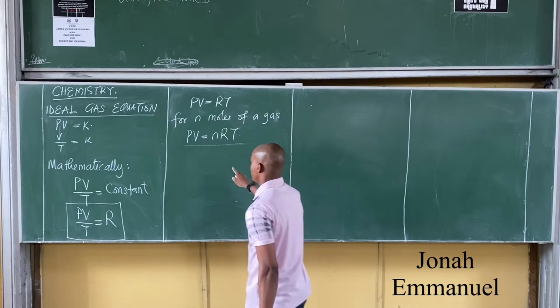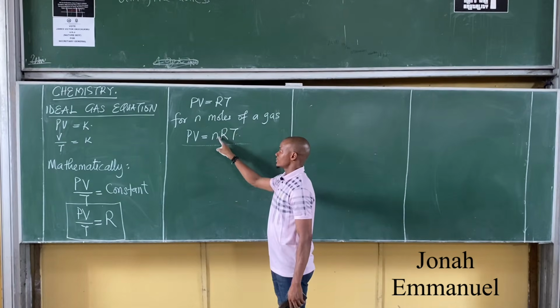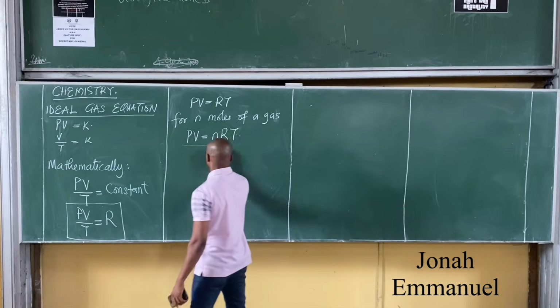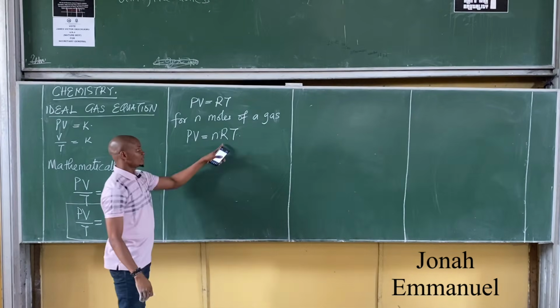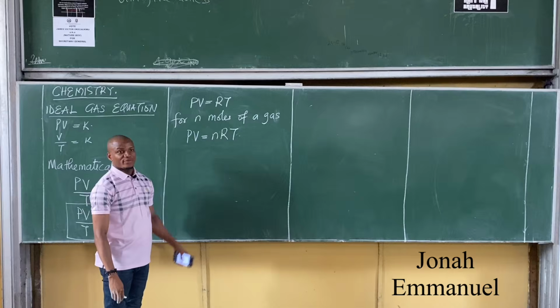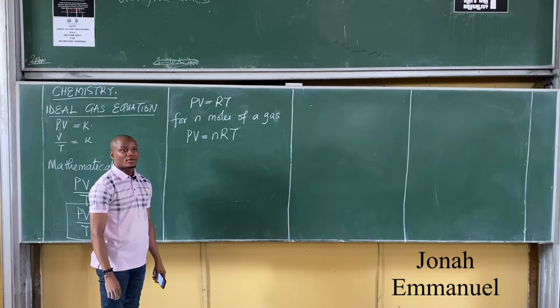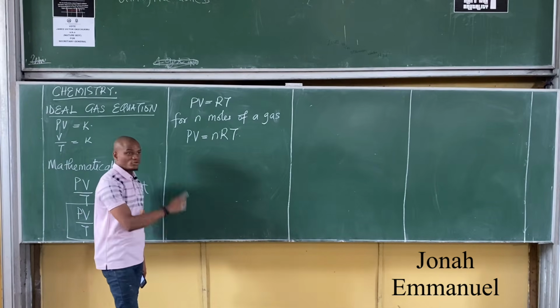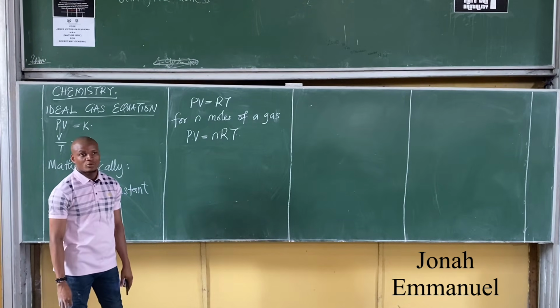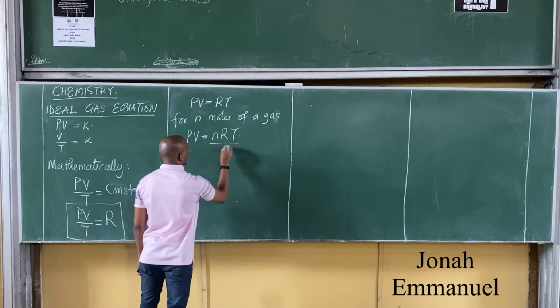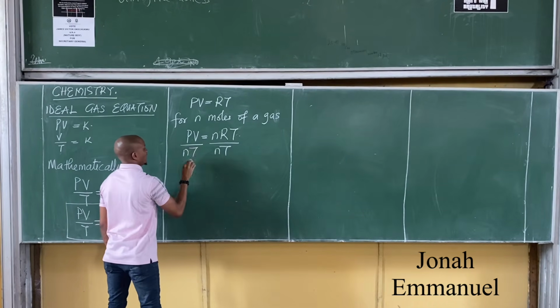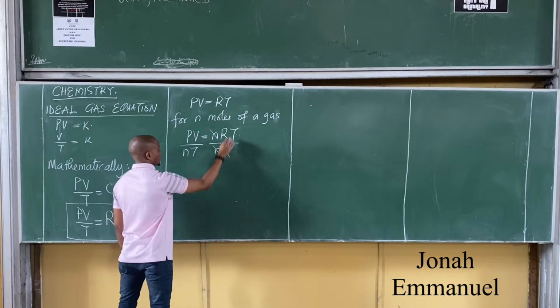Making R the subject of the formula, what do I do? Divide here by nT, divide here by nT. This will cancel this, and this and this are off.